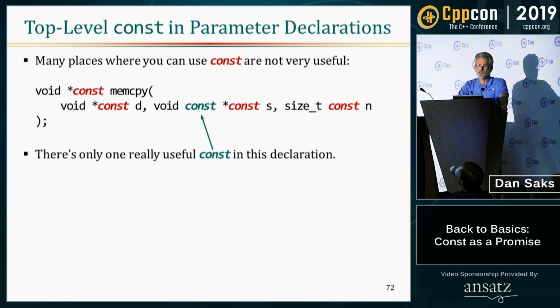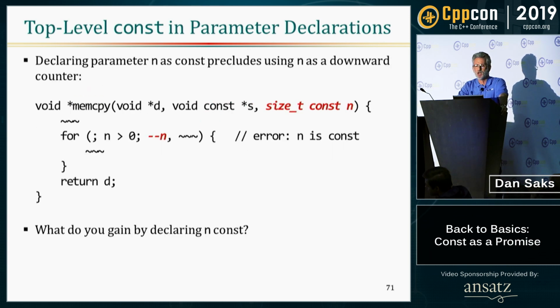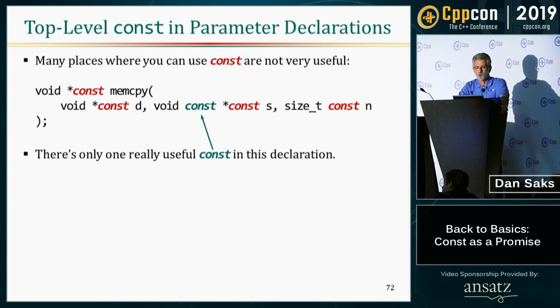And to make matters worse, well, if you're going to put the const on the size_t, then let's look at the other top level types where you could put it. You could put a const on the return type, on the parameter d. You can add another one to the declaration of s, and you can put one on n. And I've put them all in red because they don't affect the outward behavior of the function.